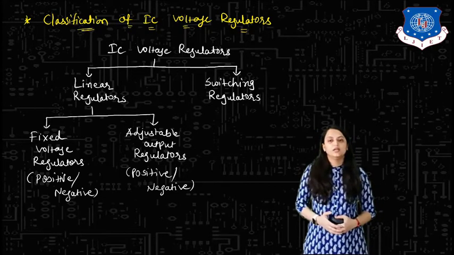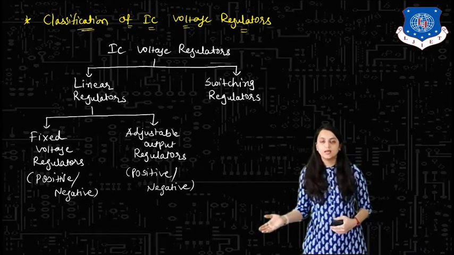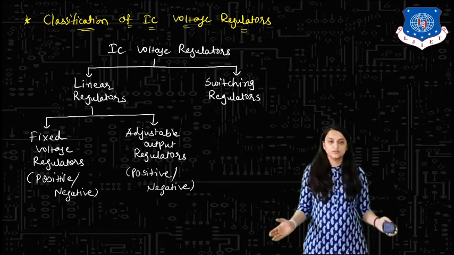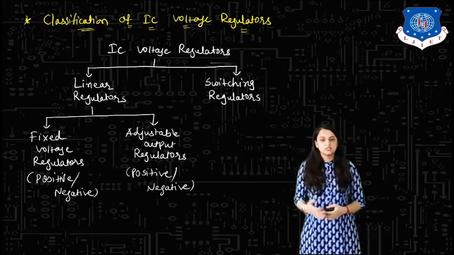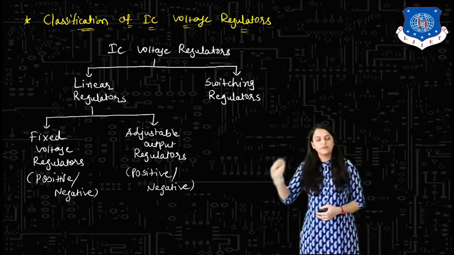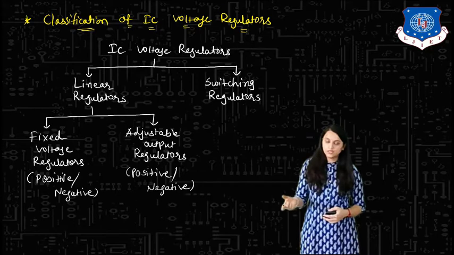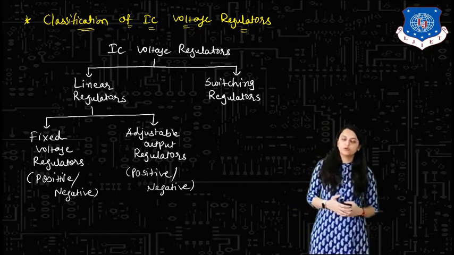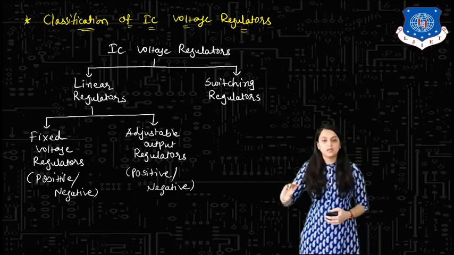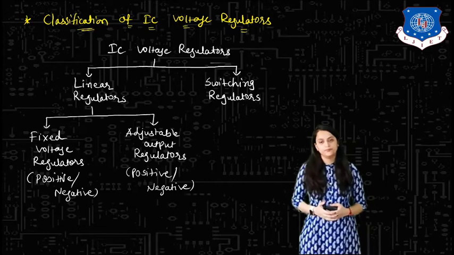In linear regulators, there are again two types: fixed voltage regulators and adjustable output voltage regulators. In fixed voltage regulator, as the name suggests, the output will be of fixed voltage value, either positive or negative. And in adjustable output voltage regulator, the output can be variable. Same way, it can be positive or negative.